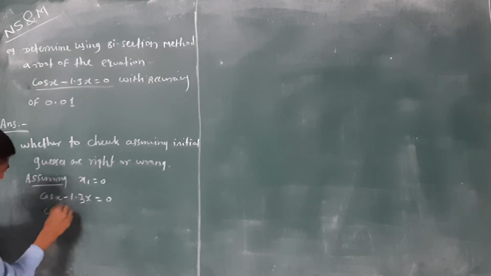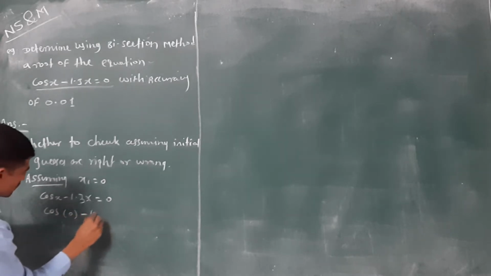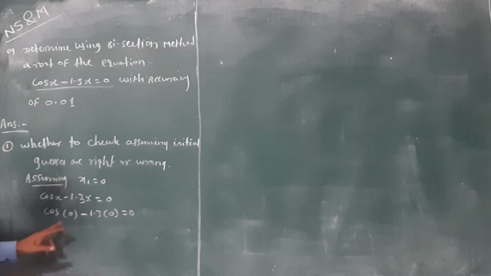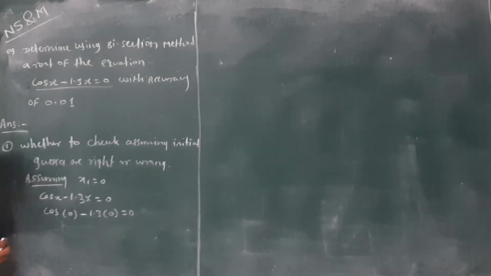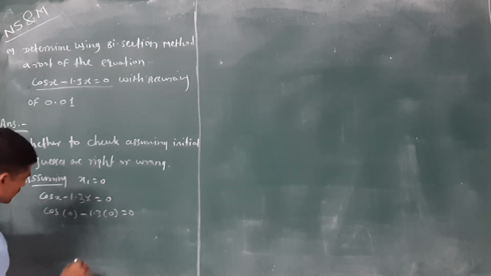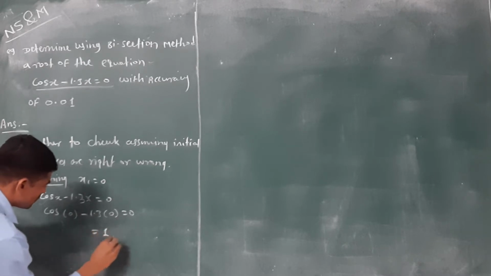See, cos 0 minus 1.3 into 0. What is the value of cos 0? Cos 0 is nothing but 1. So you will get the value of the equation is equal to 1.